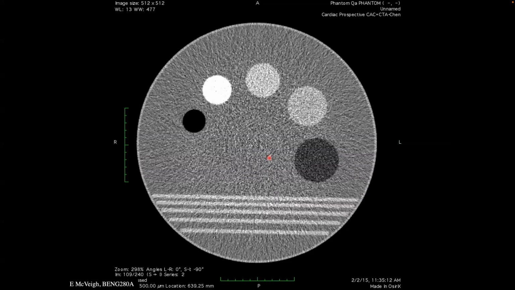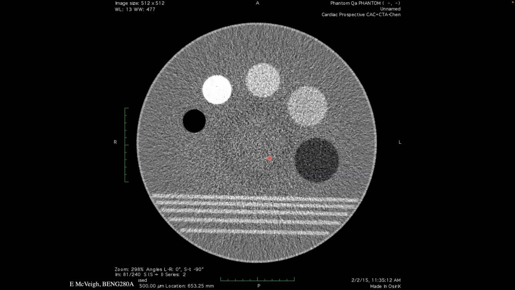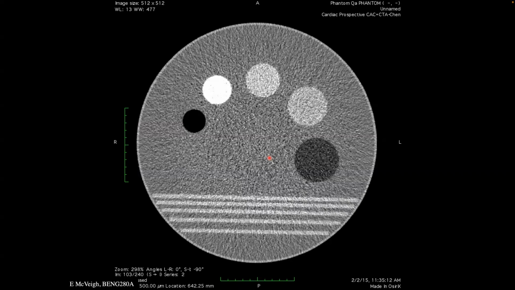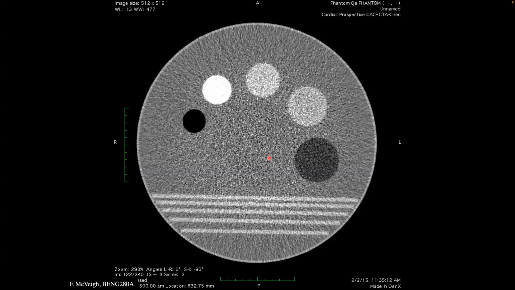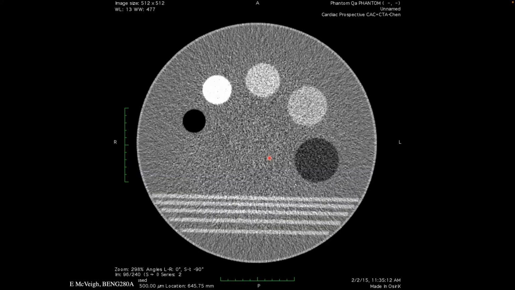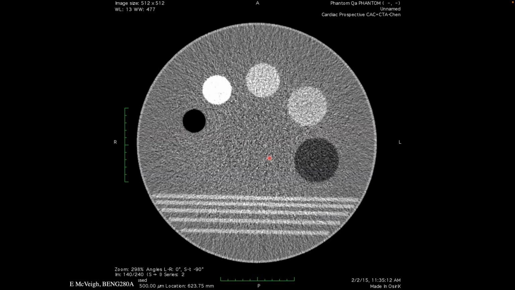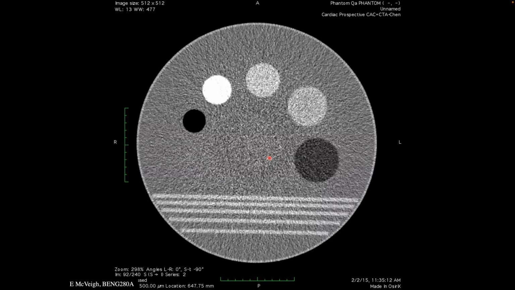It becomes even more evident when you take this phantom and make a movie where each frame of the movie is a new slice of the phantom. So it's a new instantiation of that picture, a new version with new random noise on it.